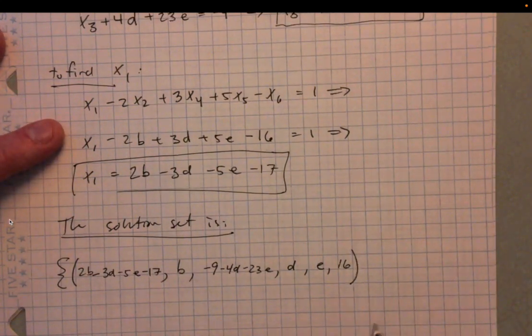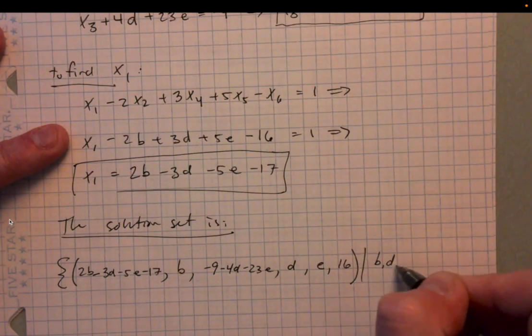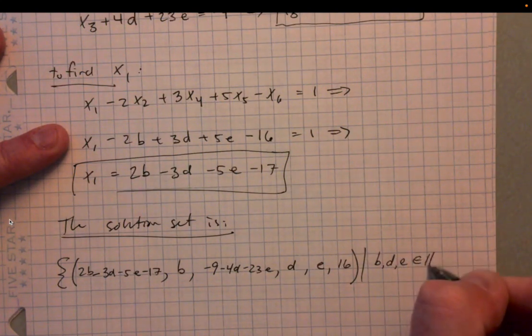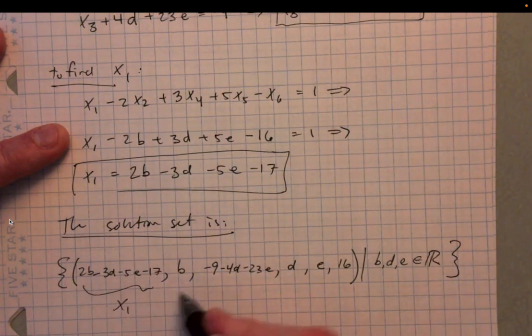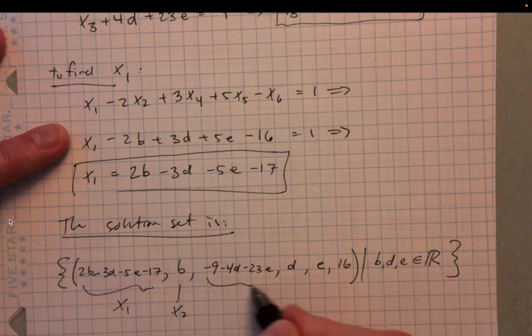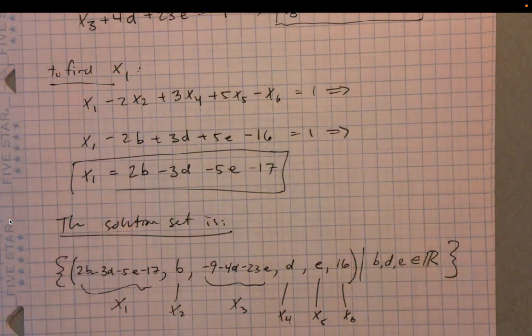There's your solution set such that b, d, and e are real numbers. So here's your x1, x2, x3, x4, x5, and then x6 is always 16. Very good.